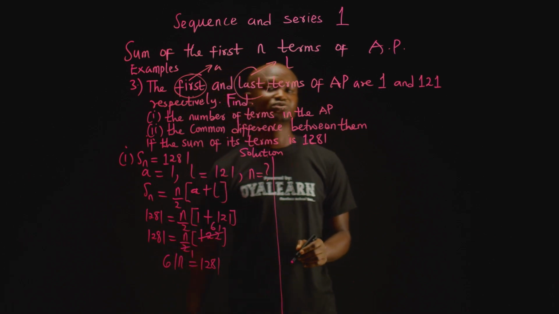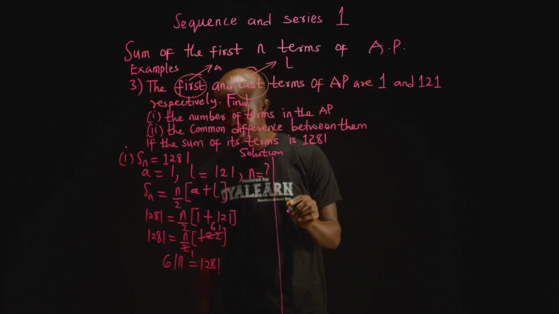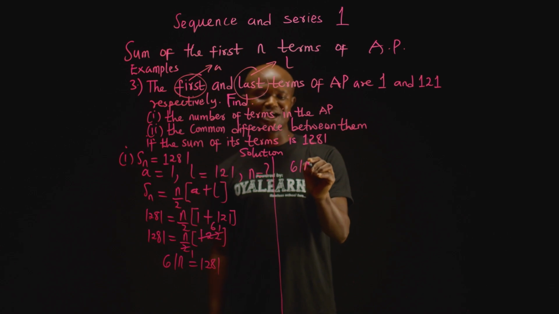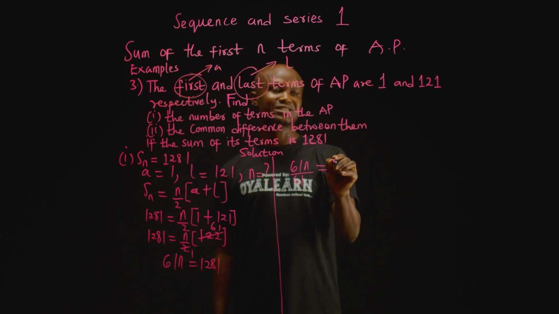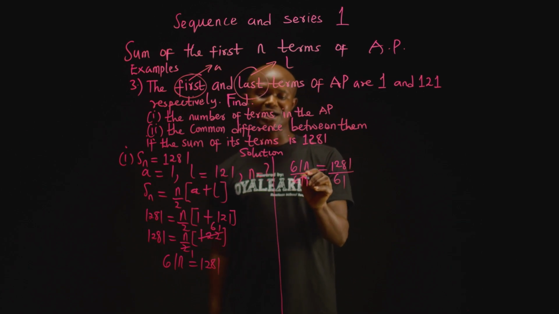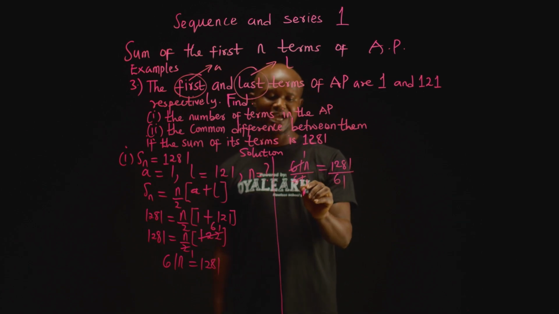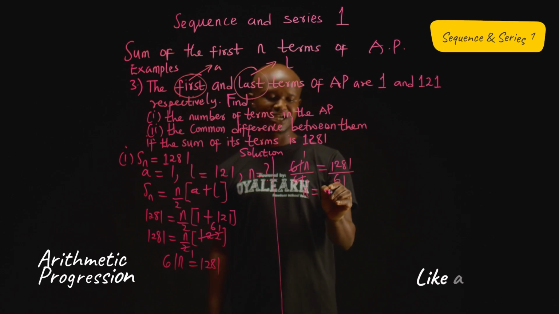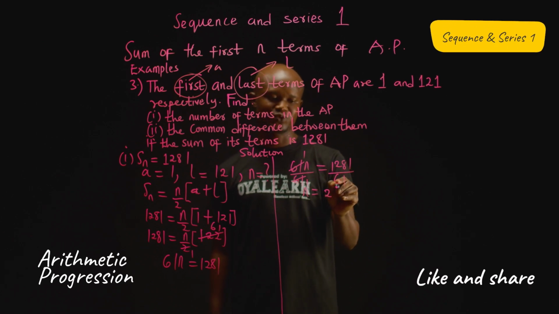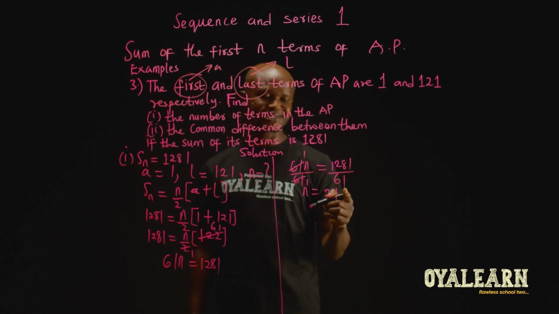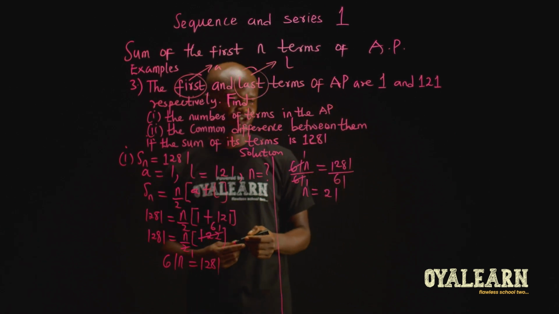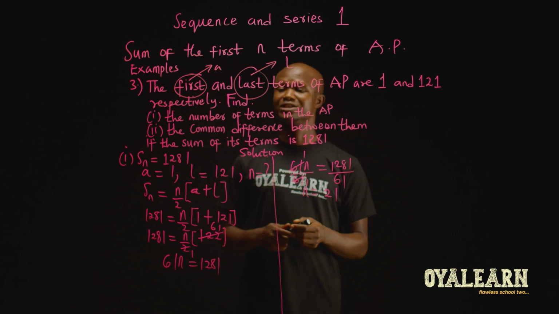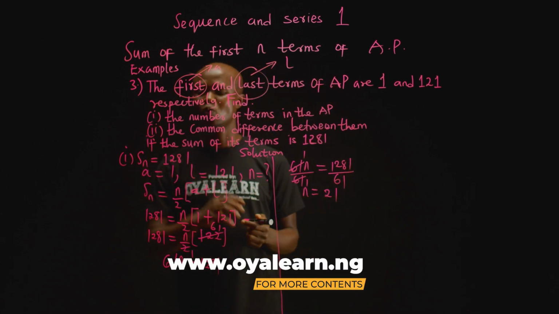The next thing for us to do is to divide both sides by 61. So we have 61n divided by 61 equals 1281 divided by 61. 61 here 1, 61 here 1. So n equals 21, because 21 times 61 will give us 1281. So we have solved Roman figure 1.